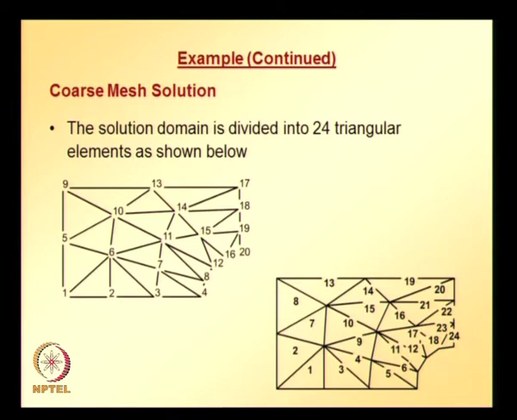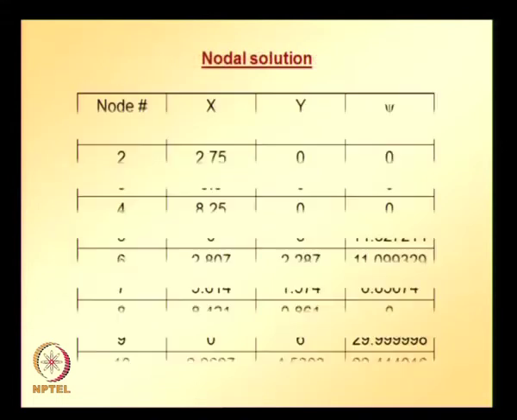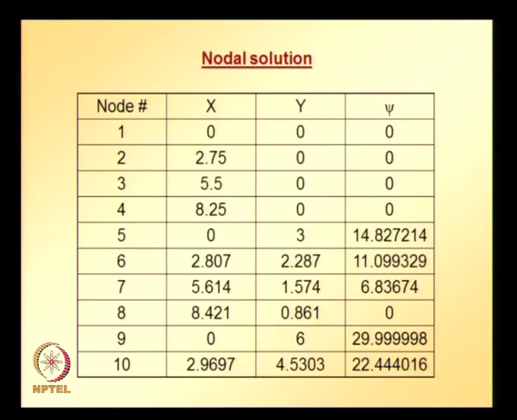And here at each node there is only 1 degree of freedom, which is going to be the stream function. So, the nodal solution details are given here at all nodes 1 to 10 in this table, and the next table shows the rest of the nodes.